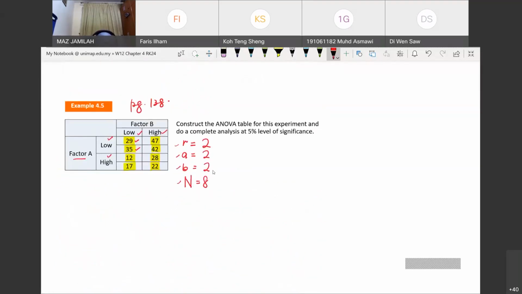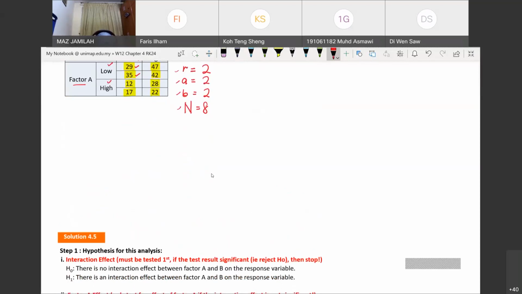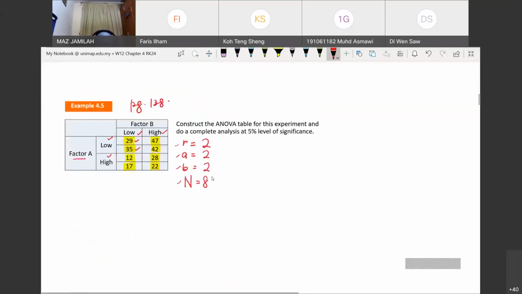The way I do the solution for this particular example, I will include the whole concept. If I'm not mistaken, I have covered the whole concept that you should know, which has been written in your textbook from page 134, 135, 136, 137, and 138.